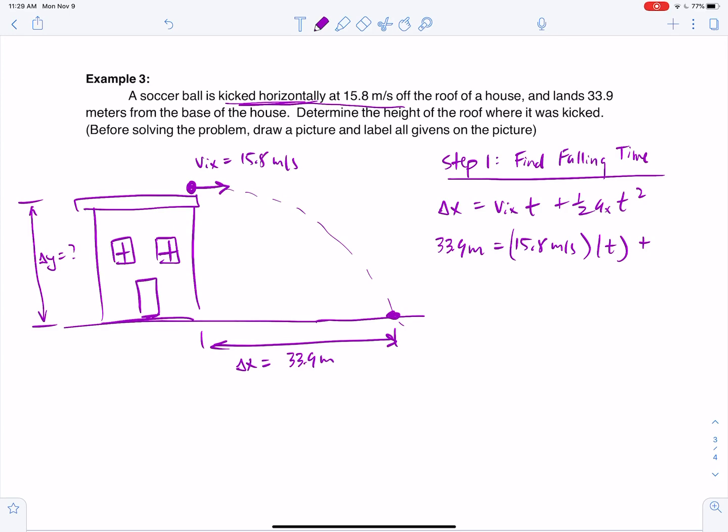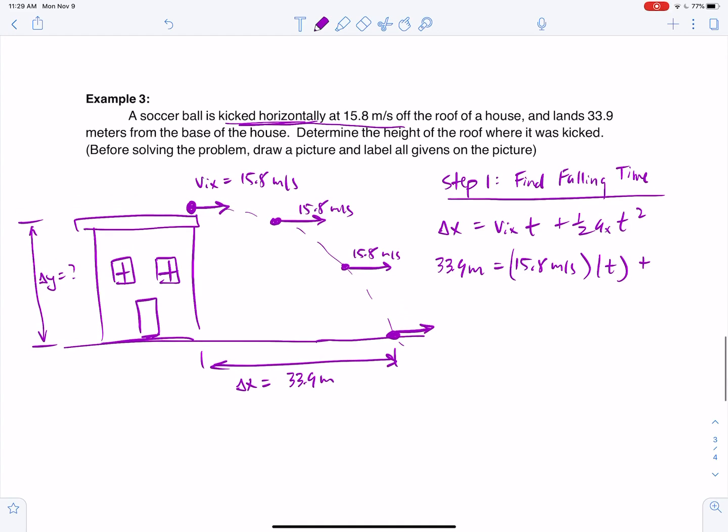And then as it moves horizontally, it moves at constant speed. So as it moves through the air, it's going to have 15.8 meters per second the entire time, right? And just before it hits the ground, it's actually going to be moving at 15.8 meters per second as well, okay?